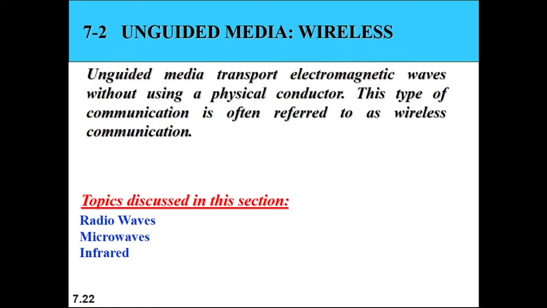We have studied different categories of guided media, where the signals are guided inside the wire. But here we are talking about unguided media, that means the media is wireless.